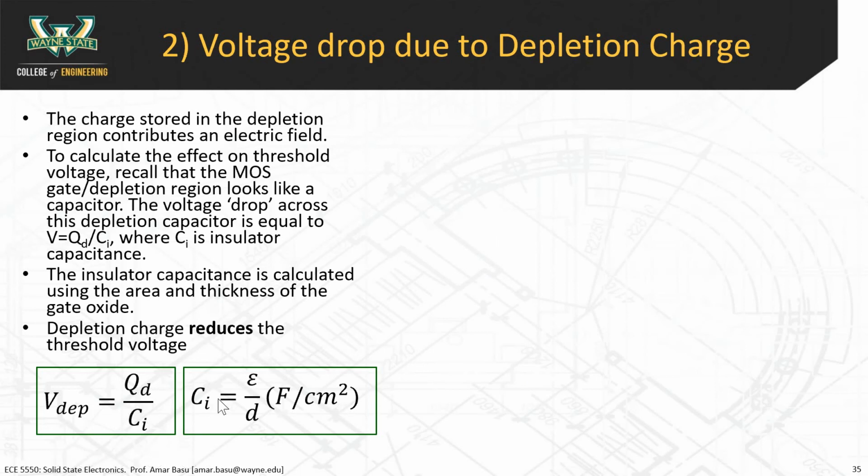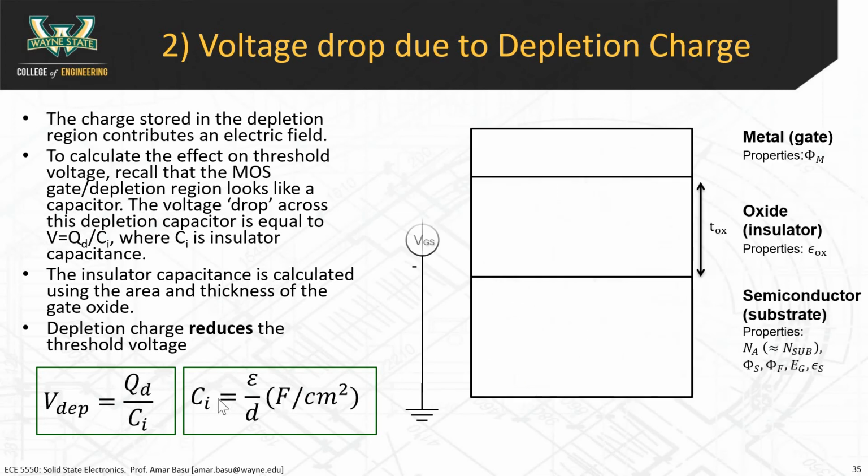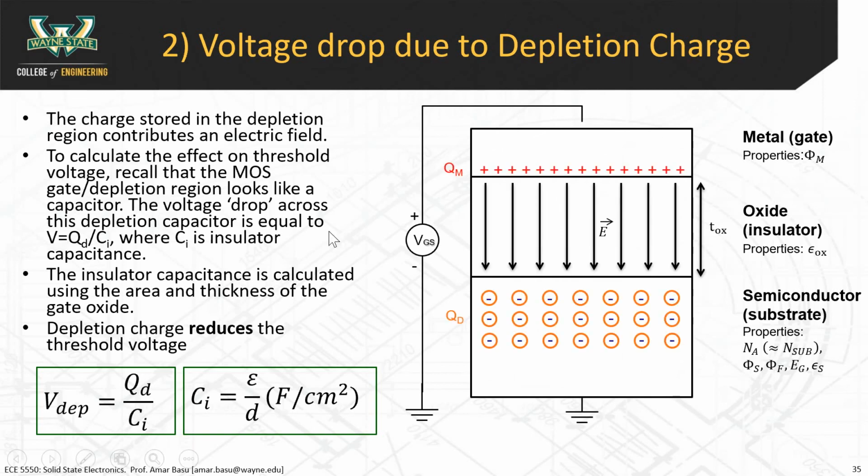This voltage drop occurs over the capacitor, and this is all the same stuff that you saw earlier. You have this depletion charge here, and then you have this positive charge up here. So this looks exactly like a capacitor. Positive charge buildup on one side, negative charge buildup on the other side.